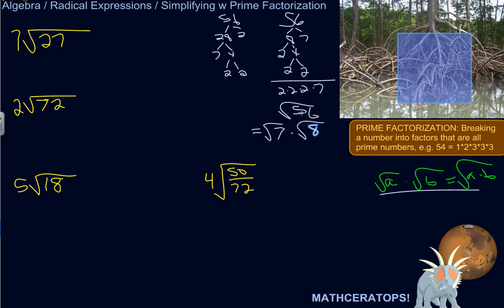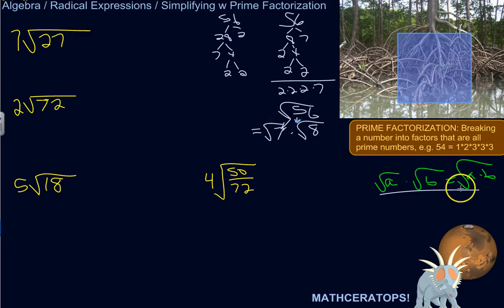So the square root of 56 is equivalent to the square root of 7 times the square root of 8. 7 times 8 is 56. So we can break up radicals into radical expressions of the factors of the original radicand.